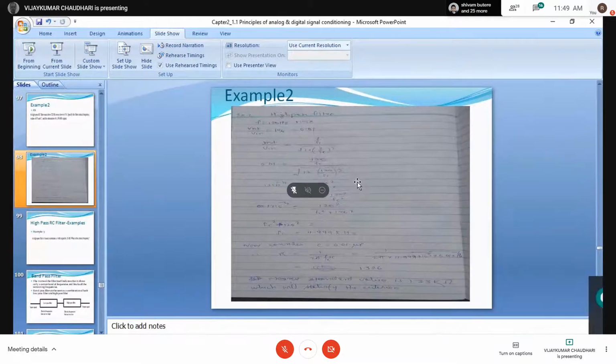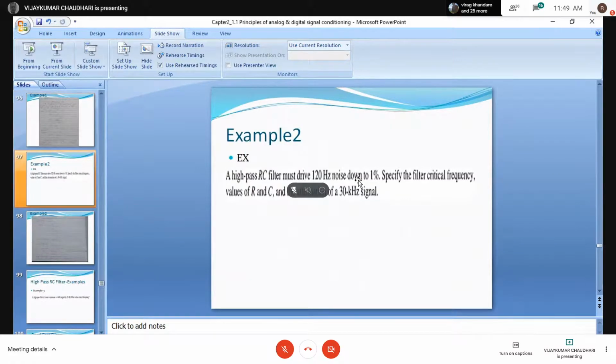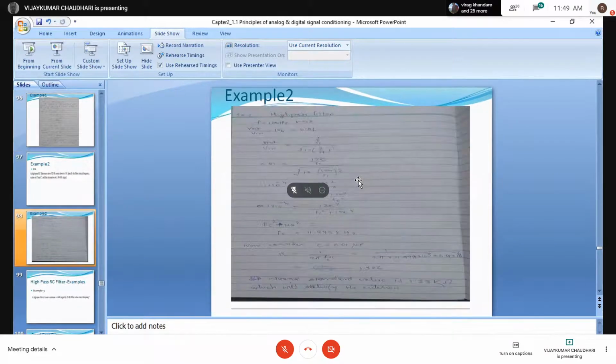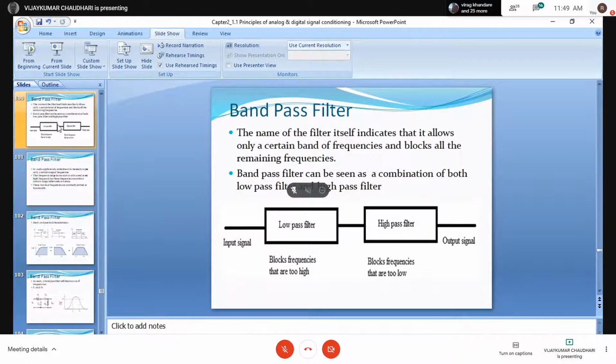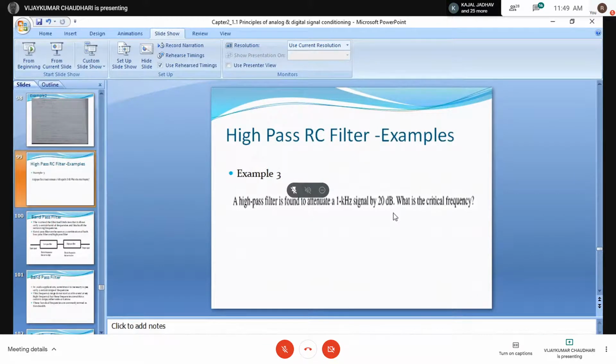Write down this for homework. This is homework. Note it down.